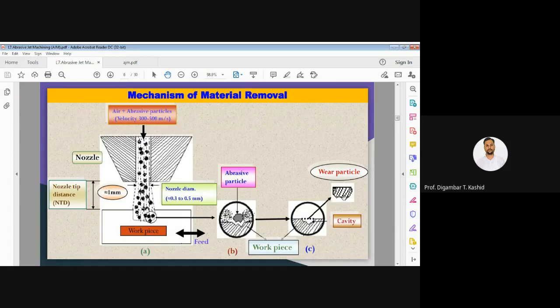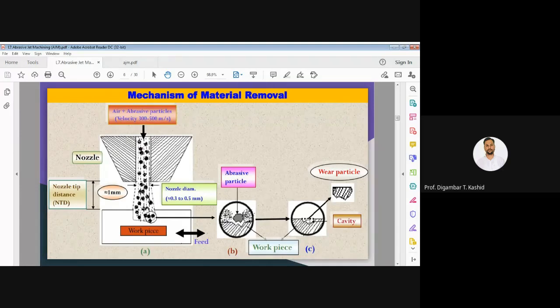That is creating the cavity, you can see. Another thing is that the jet is flaring as it comes out of the nozzle, so the diameter of your jet is continuously increasing. So it will depend upon your nozzle tip distance, what the size of the cavity on your workpiece is.